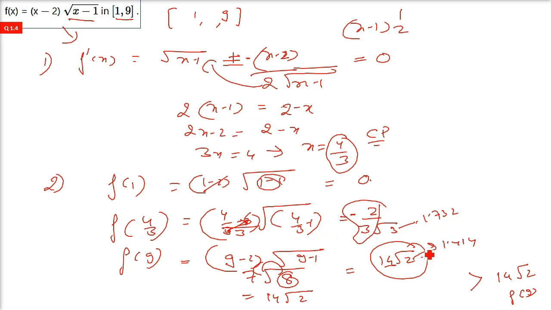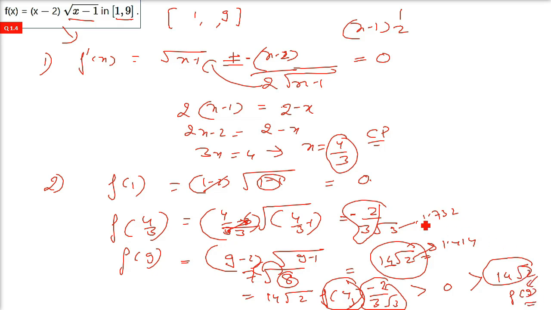I was thinking that 0 is going to be the first number, but since we have negative also, we don't have to worry about what is there. Don't compute it, 2 by 3 under root 3. Just see that negative 2 by 3 root 3 is what we were expecting, and it's the lowest one. It came at f4 by 3. So f4 by 3 provided us the lowest number, and f9 gave us 14 root 2 in this particular case.